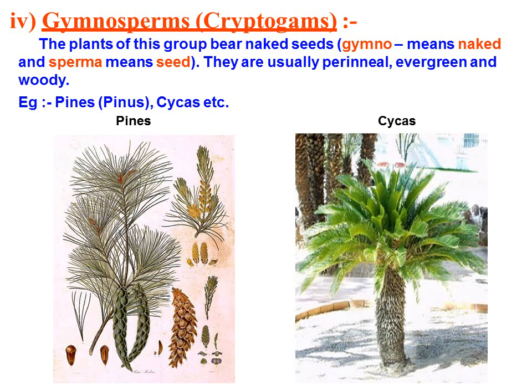So they are usually perennial. Perennial means they live for many years. Okay, that means more than 2 years, and they are evergreen, means they grow throughout the year and are woody.